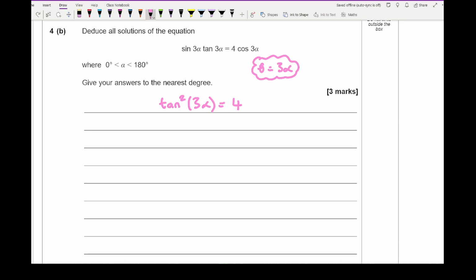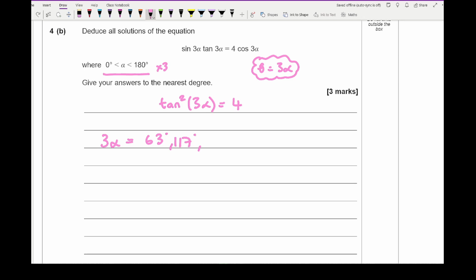So from this what we can then establish is that 3 alpha is going to be equal to 63 degrees, 117 degrees, and then we need to triple the range of values, so we need to times this by 3.